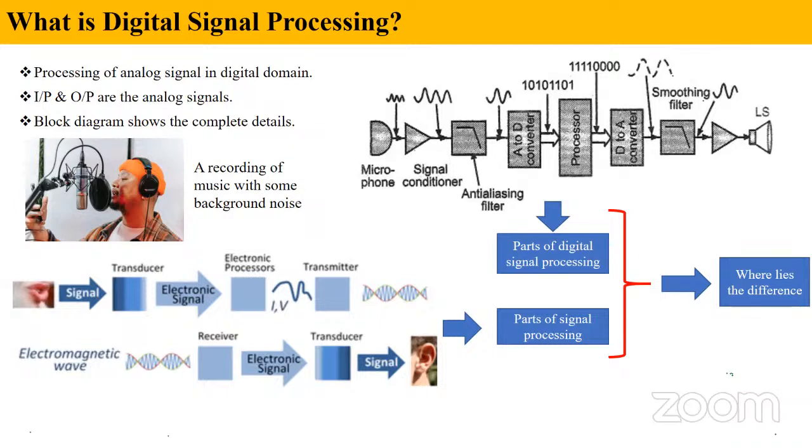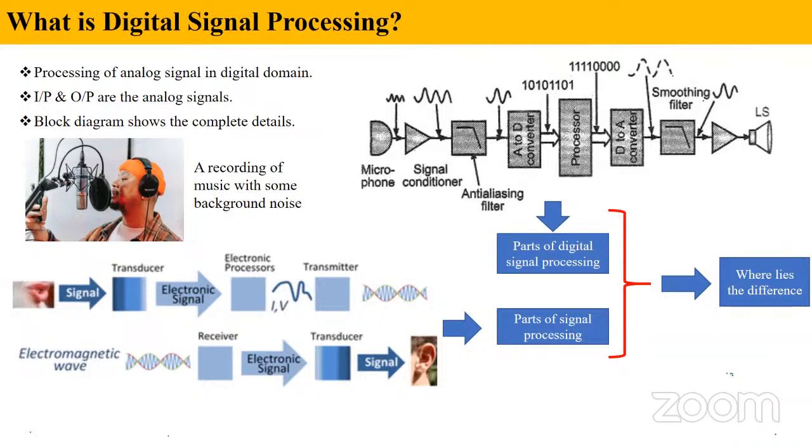And to get a noise-free signal, we have to filter the signal. Smoothening is required by using the filter. So these are basically the parts of digital signal processing. In case of a voice signal also, there should be some transducer.